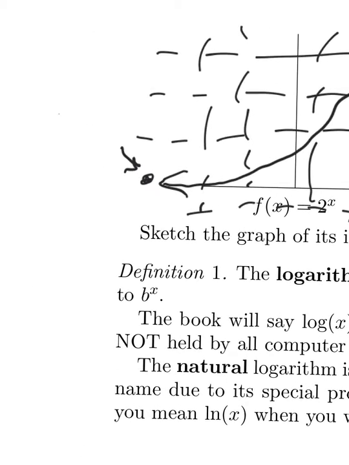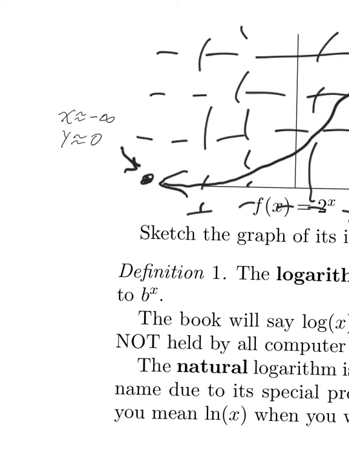Let's graph its inverse function. So what things do we see going on in the original function? Well, when x is really close to negative infinity, y is really close to 0. So when x is really, really far to the left, y is basically 0. Let's flip that.